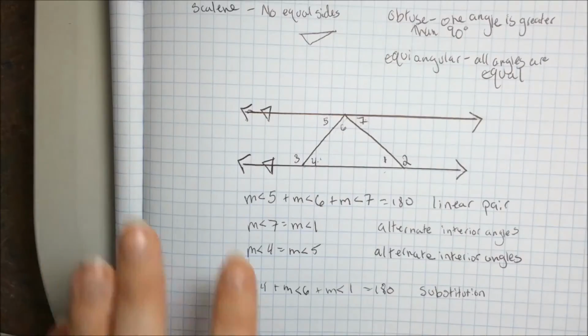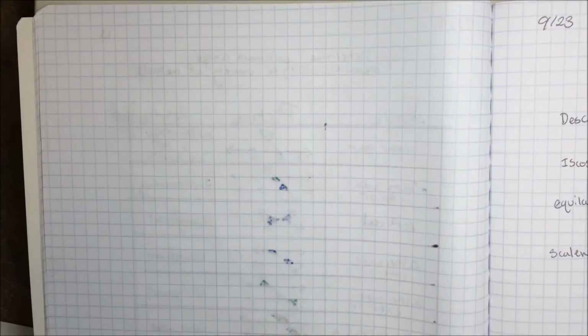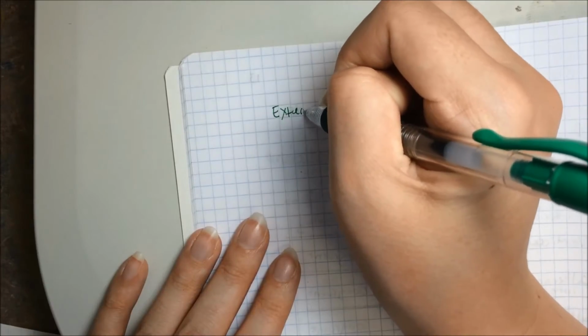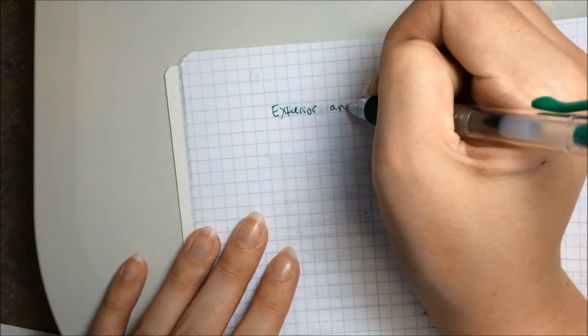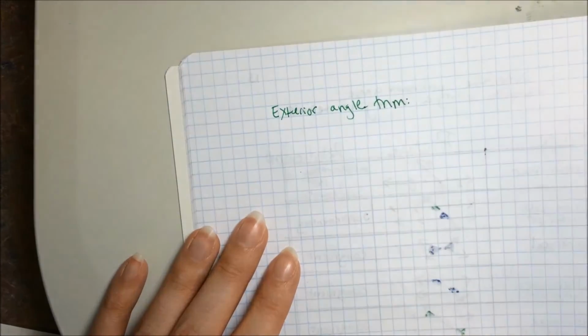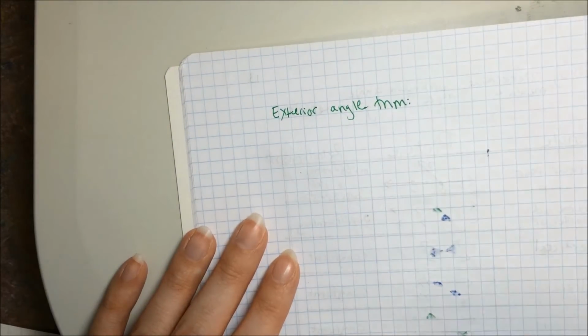There's one other proof I'd like to talk about. It's called the exterior angle theorem. So on the next page, the exterior angle theorem. I want us to draw this picture.